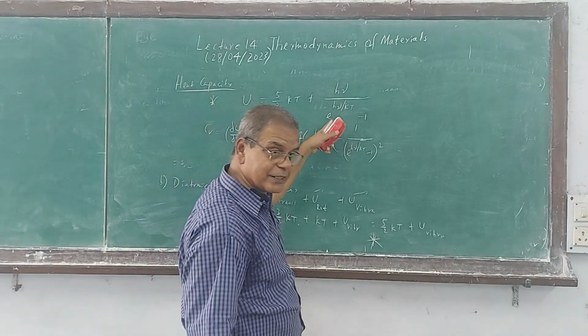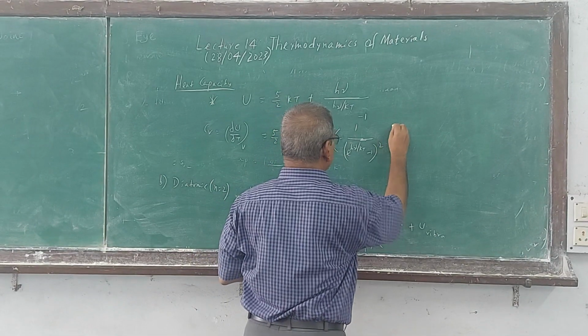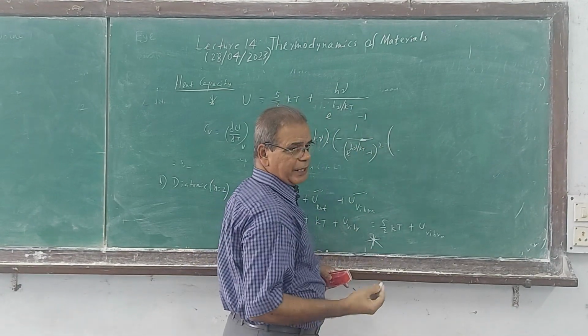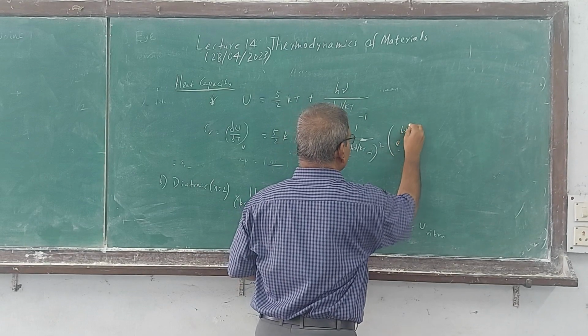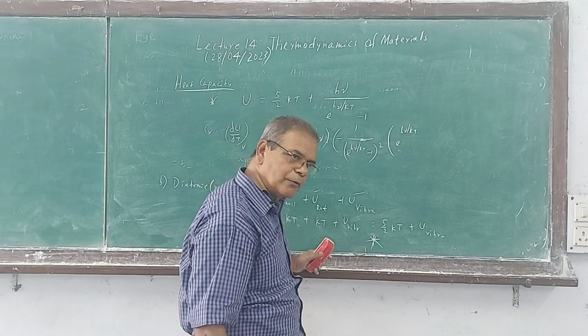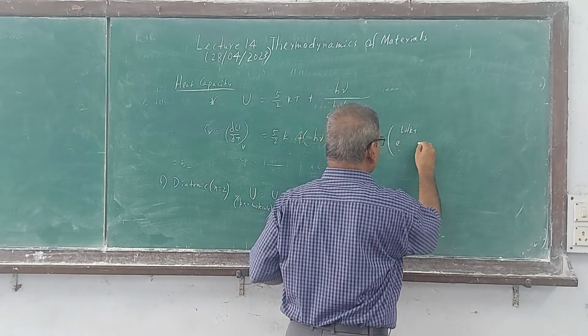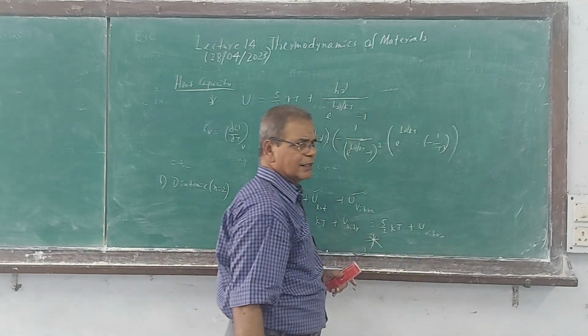Then differentiation of this itself, that is times e to the power mx. Second, again, what is this? First, h nu by kT will come back, and then d/dT of 1 by T, you have minus 1 by T square. Okay. This is okay.